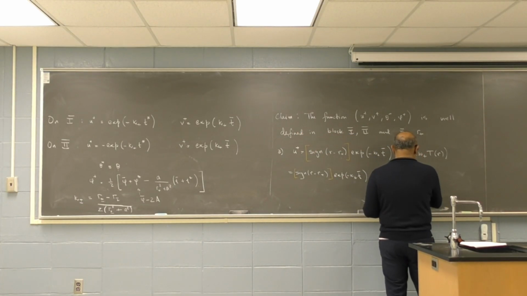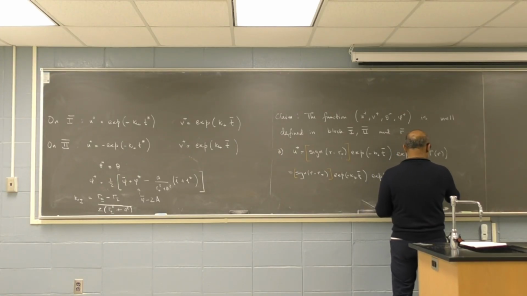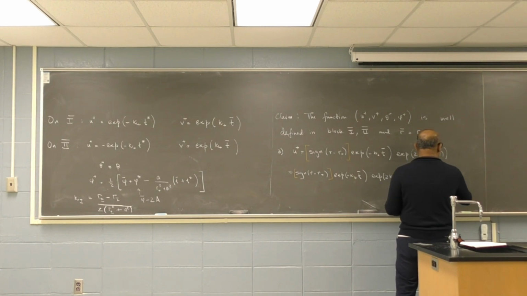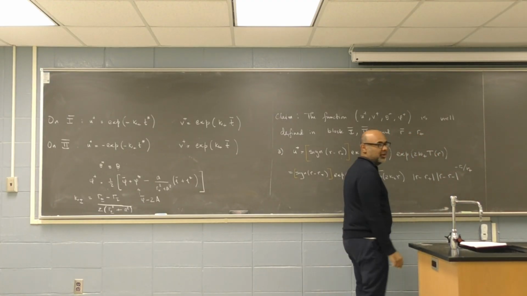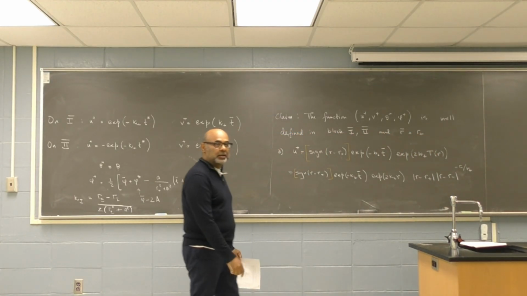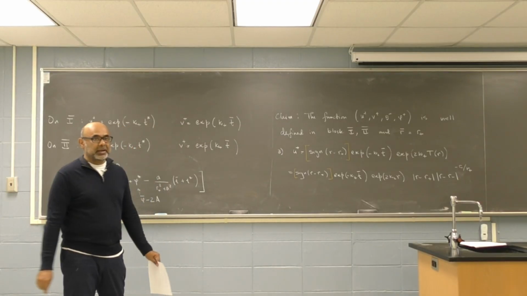So then I would have R minus R plus, and then R minus R minus. You can verify this part, just taking the natural log of T. This is what it comes out to be.